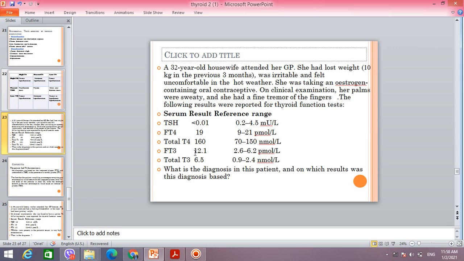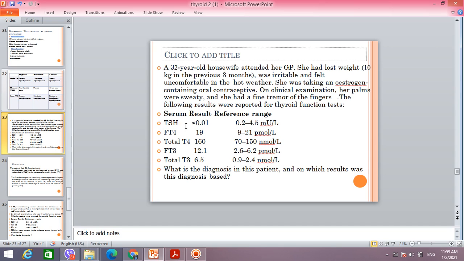The free T3 is 12, where the upper normal reference is 6.2 picomole per liter, so it's elevated, and the total T3 is 6.5, where the normal is up to 2.4 nanomole per liter. So what is the diagnosis, or how can you interpret the result of the thyroid function test?